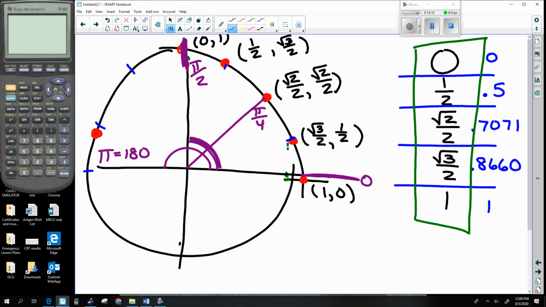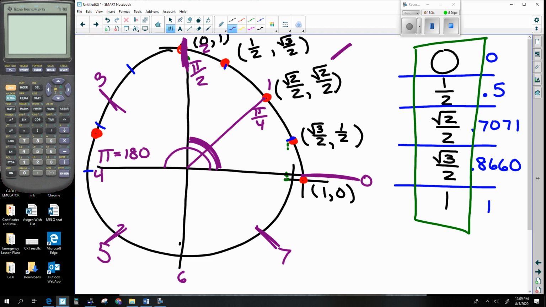And so that would be your pi over 4s. So these middle angles, the mid angles everywhere, are your fourths. So you have 1/4, 2/4, 3/4, 4/4, 5/4, 6/4, 7/4, 8/4 going all the way around.